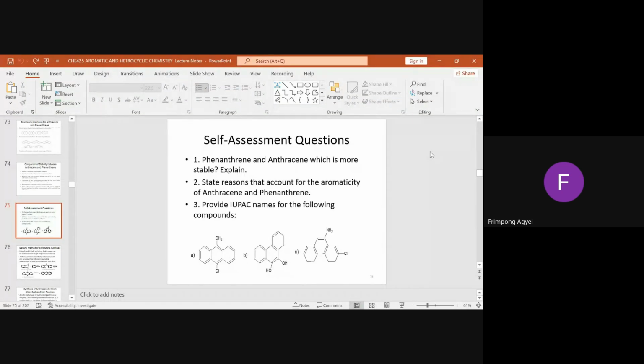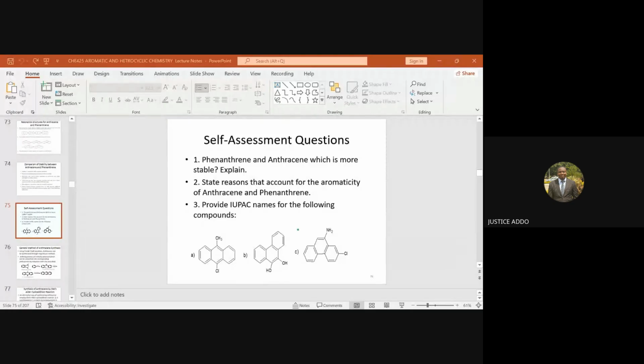Hello, Doc. Yes. The B is 9,10 oxo phenanthrene. 9,10.